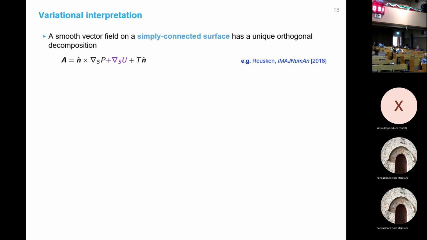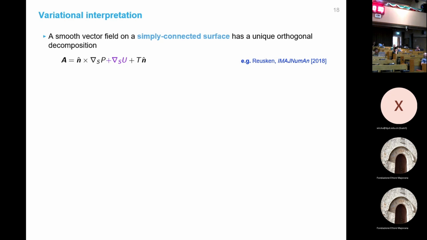It turns out that if you have a vector field, a three-dimensional vector field, but it lives on a two-dimensional surface, and this surface is simply connected, and it has a normal vector n hat here, then the appropriate Helmholtz decomposition is basically some part that is the equivalent of the tangential curl, this in-plane curl, and then a gradient in the plane.